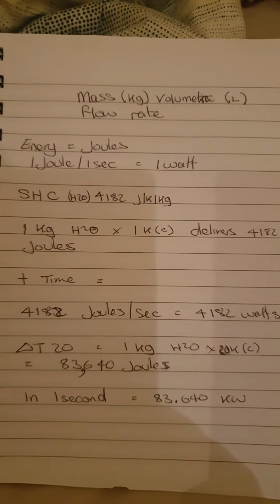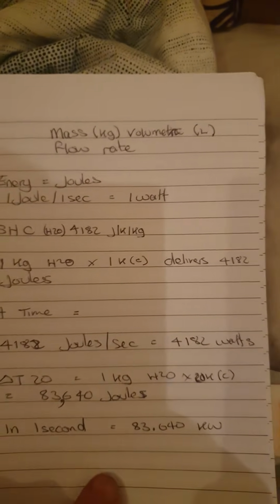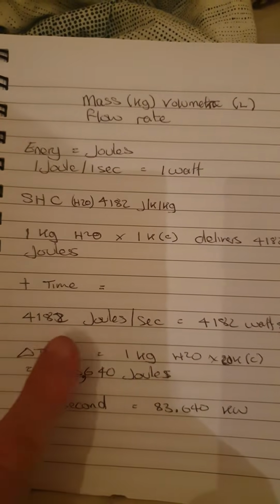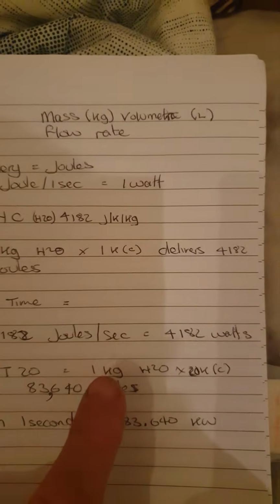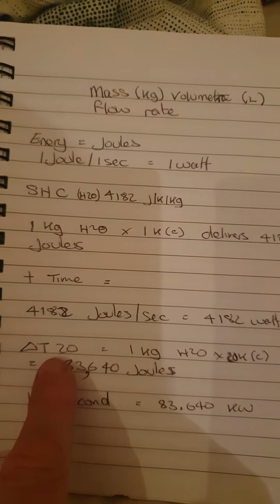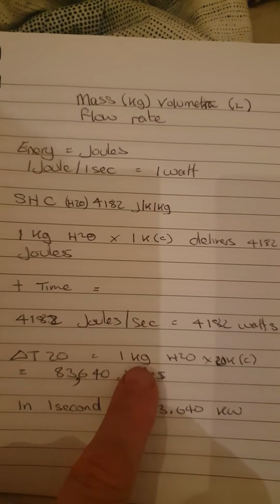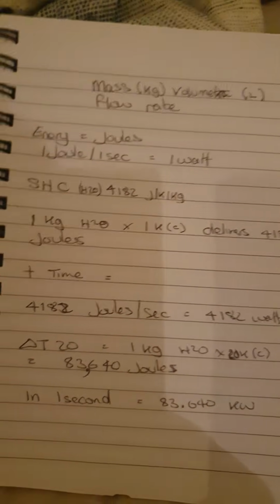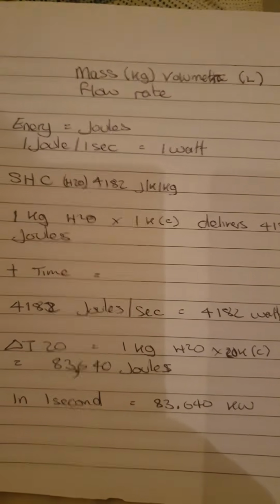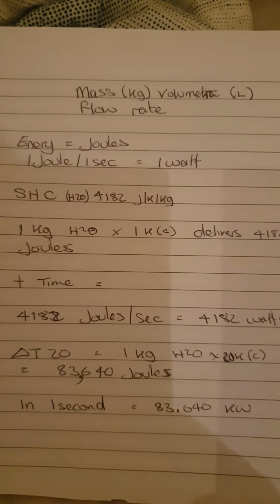So basically if we have a boiler, we're working usually on modern boilers at delta T20. So if we took 1 kilogram of water and we raised it by 20 degrees centigrade, we would have added 83,640 joules.